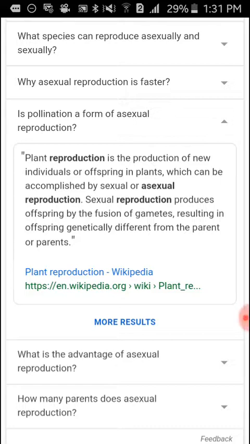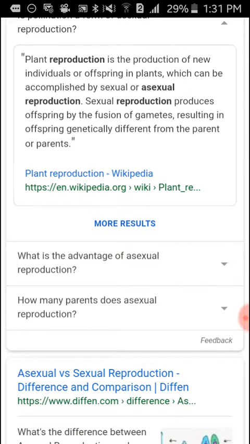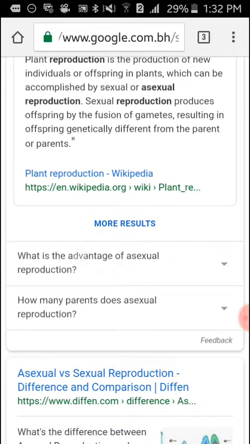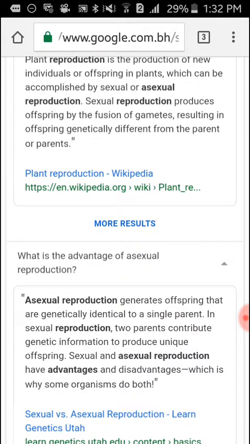Okay, what is the advantage of asexual reproduction? We'll see if there are any advantages. Asexual reproduction generates offspring that are genetically identical to a single parent. In sexual reproduction, two parents contribute genetic information to produce unique offspring.